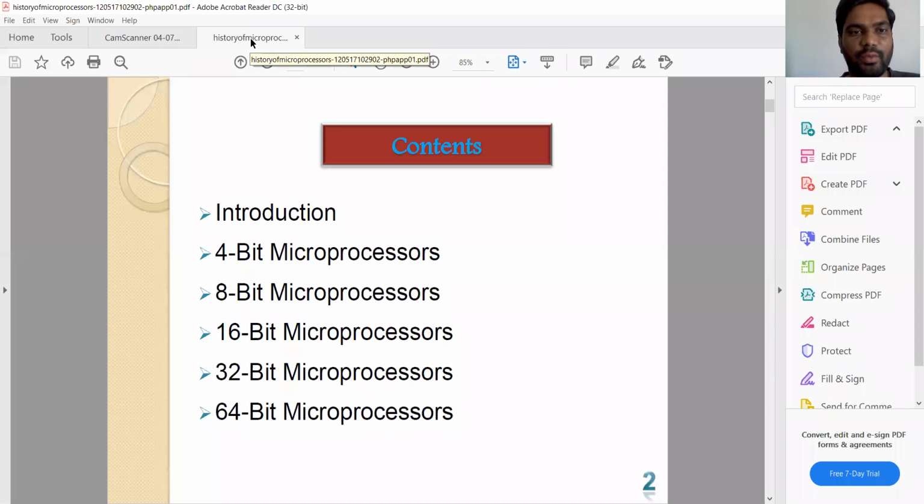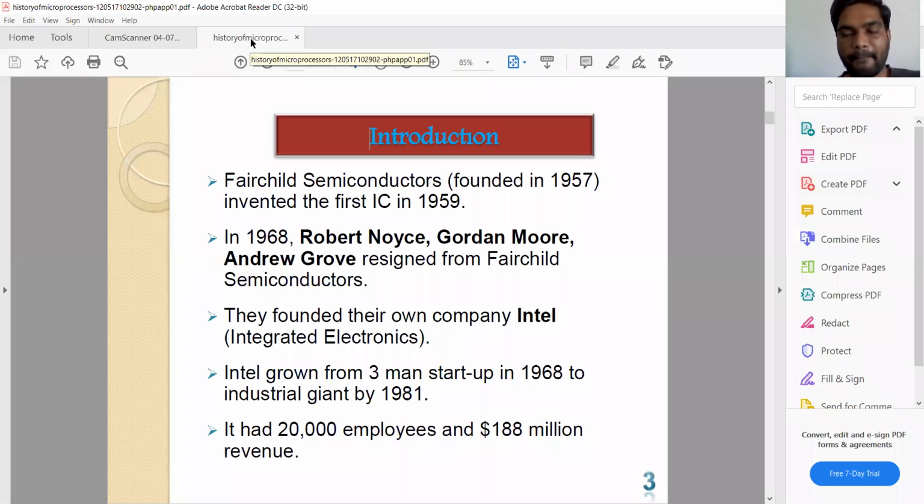These are all the things that we have to learn: 4-bit microprocessors, 8-bit microprocessors, 16-bit microprocessors, 32-bit microprocessors, and 64-bit microprocessors. We'll see these things next. So who introduced microprocessors first? We'll see these things very quickly.